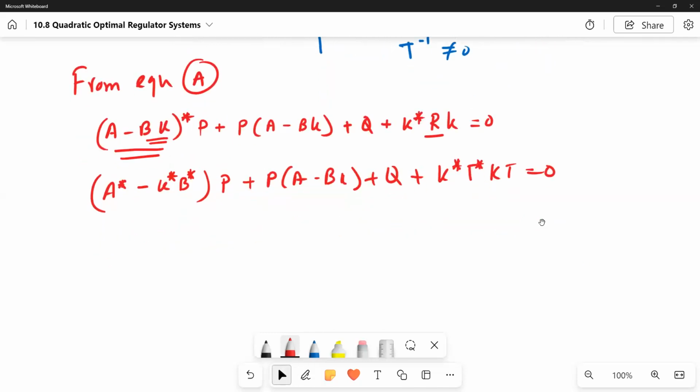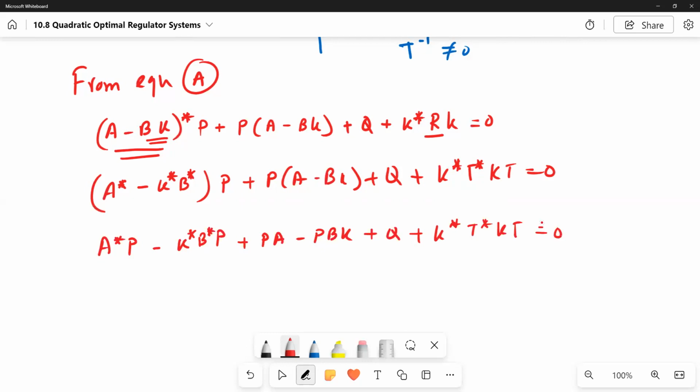So you can write this one as, just multiply, A star P minus K star B star P plus PA minus PBK plus Q plus K star T star KT.